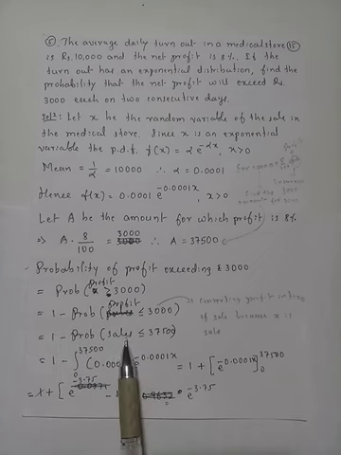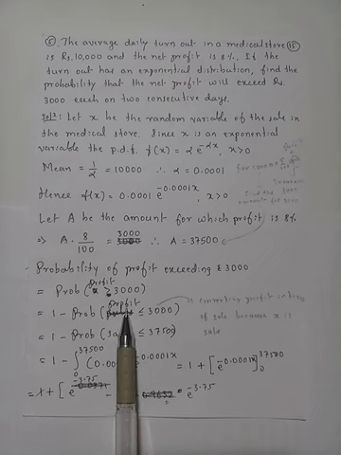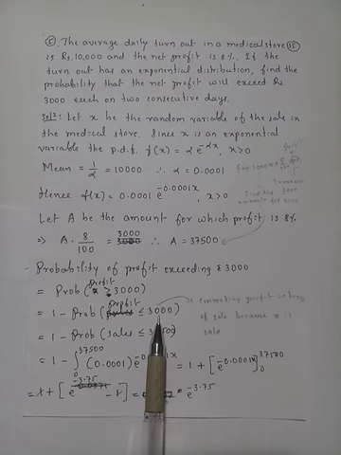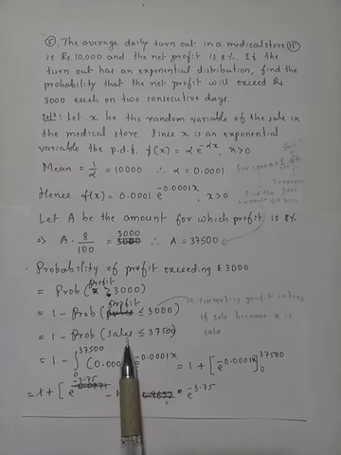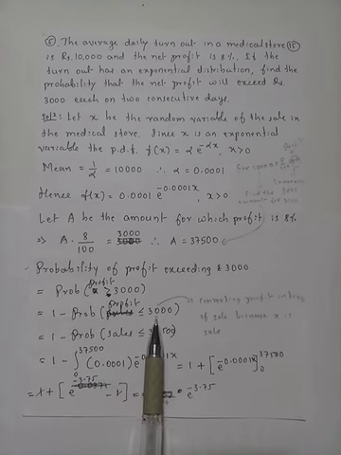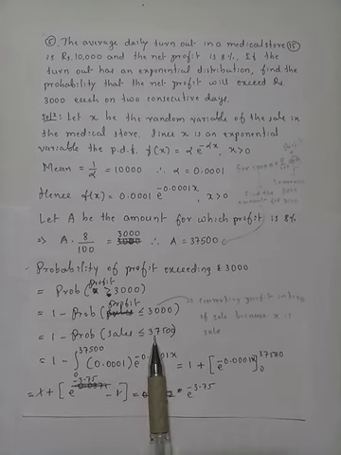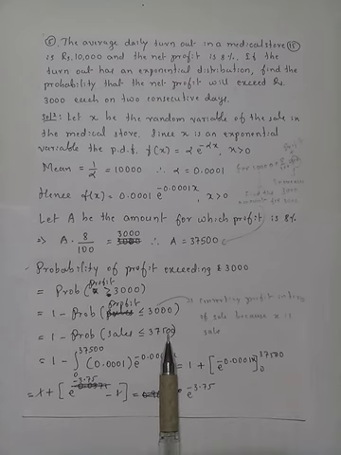Now we convert this profit in terms of sales. The net profit is less than or equal to 3000, and for 3000 the sale is 37,500.